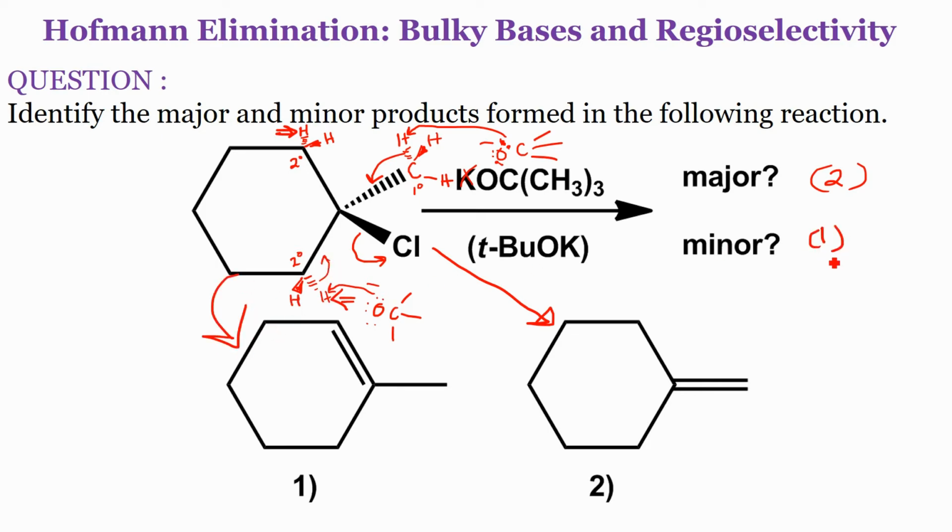So the minor will be 1. Any question on that? Okay, I think the Hofmann elimination then is clear.